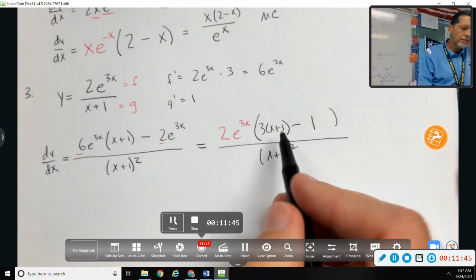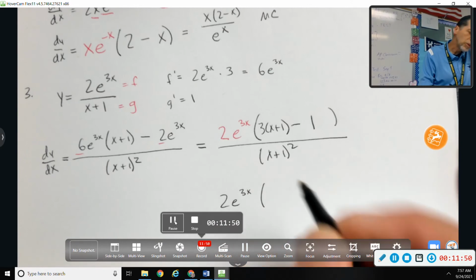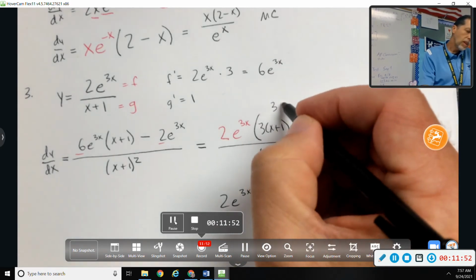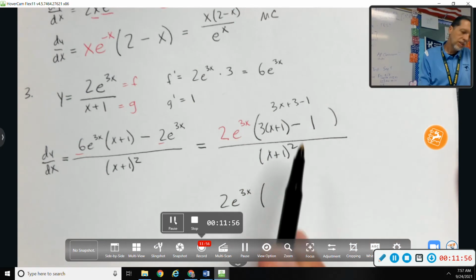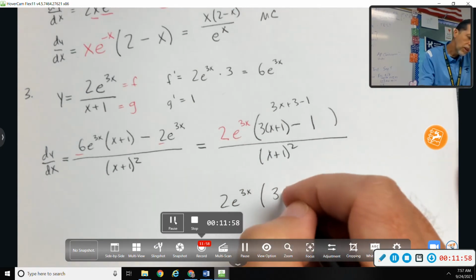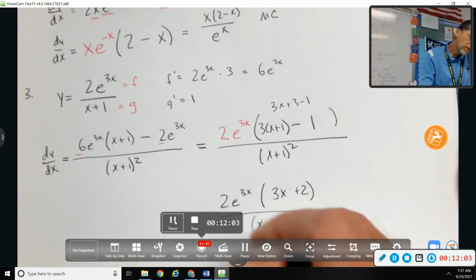And one more, if you really wanted to clean it up. But you would need to if you're looking at a multiple choice answer. Distribute the 3, and then collect: 3 minus 1 is 2. So 3x plus 2 over x plus 1 squared.